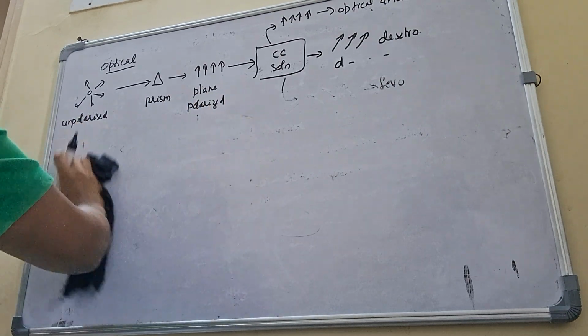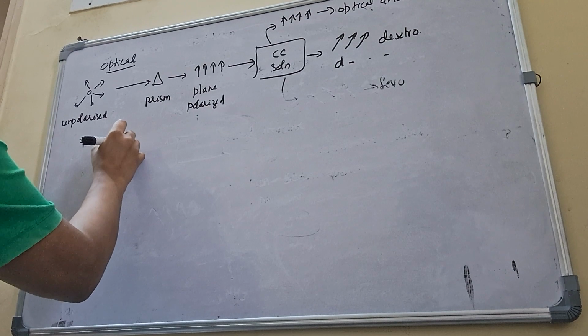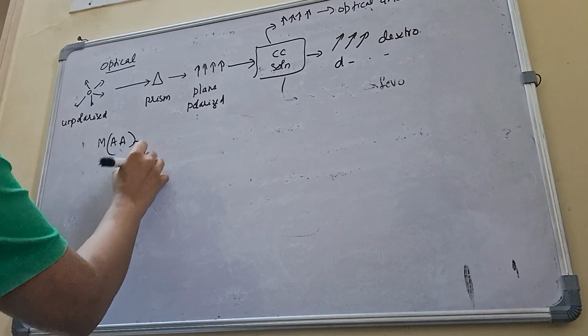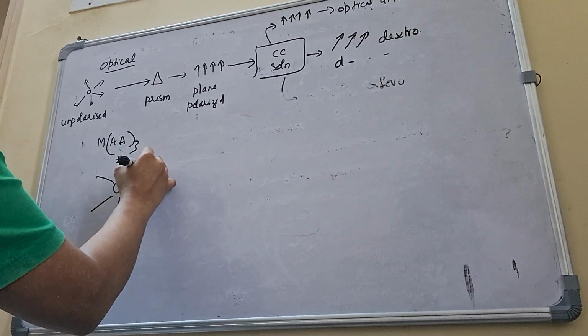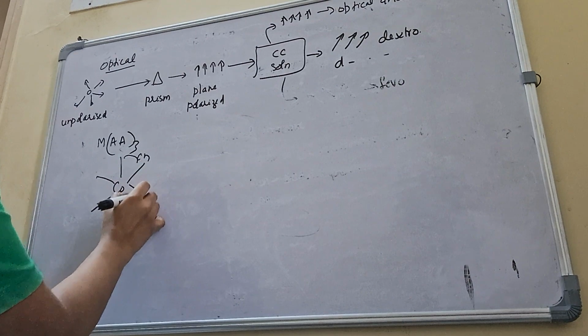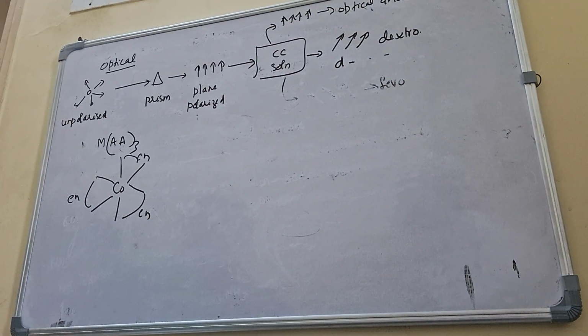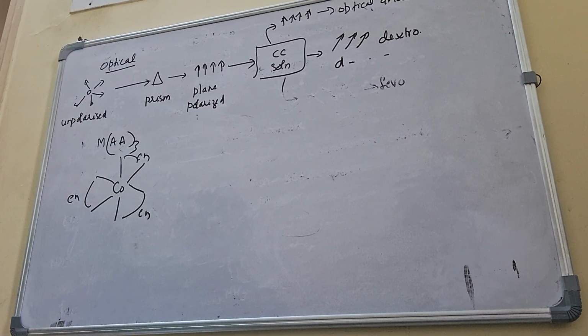In the case of octahedral, let's see, if you have MAA3, so it's like cobalt, and then you have like this and like this. Let us say you have en, en and en. Now I do not see any way wherein I can divide it in the form of a symmetry.